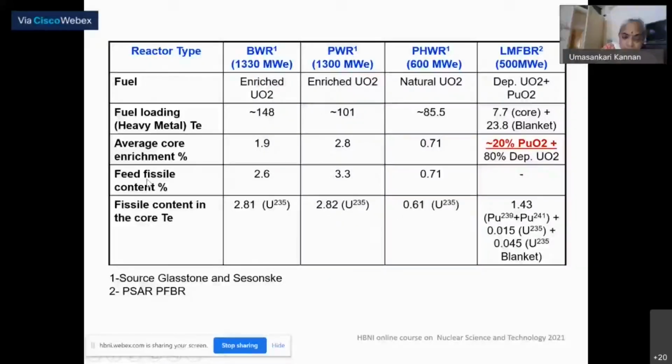Basically, I want you to understand that from the reactor design principles, depending upon the average absorption cross-section or the fission cross-section of the reactor in that particular spectrum, you will have to design the enrichments and the fissile inventory of the core.